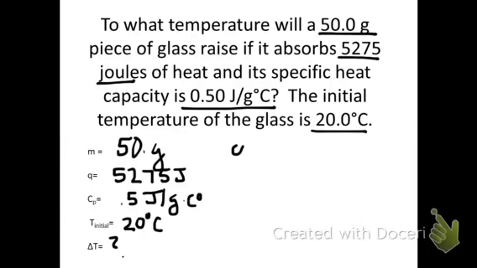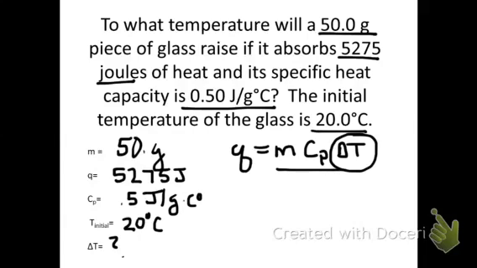So if we look at our specific heat formula, which is this, we're actually solving for change in temperature. Let's rearrange this formula so that I've got that variable all alone on one side of the equation, which means that I've got to divide by this mass and specific heat, so that they cancel out.